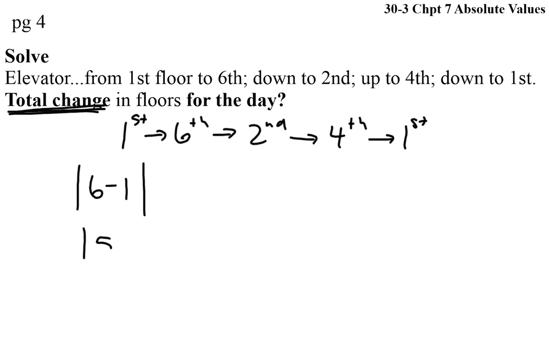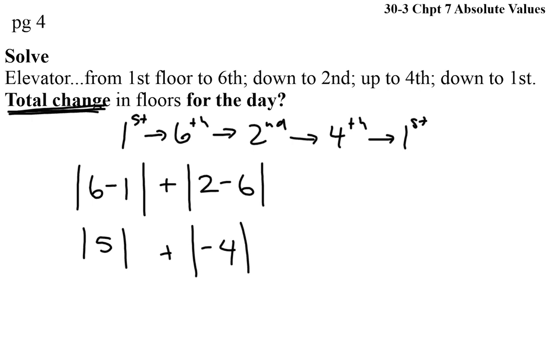It's a positive 5 because we went up 5. I want to add the second change that occurred. The second change, he finished at the second floor, started at the 6th, which we can see was a negative 4 floors going down. I don't care that it was 4 down though, I just want to know that it was a 4 floor change, so I want the absolute of it.